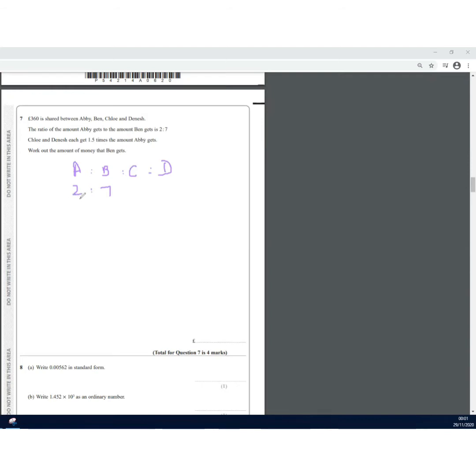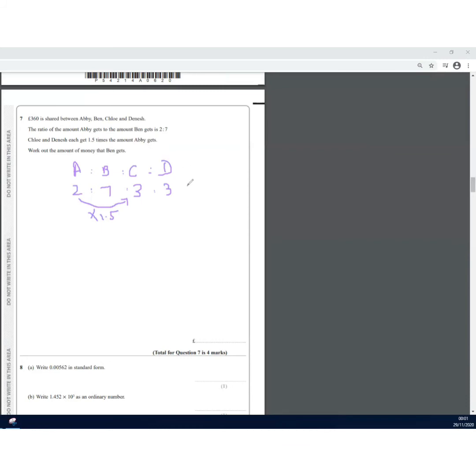So if I simply multiply 2 by 1.5, that should give us the ratio for Chloe. So 2 times 1.5 is simply 3, and Dinesh should also be the same because both of them get 1.5 times what Abby gets.